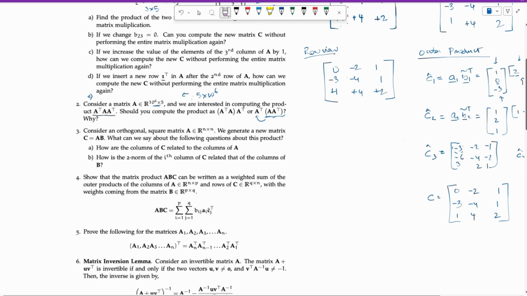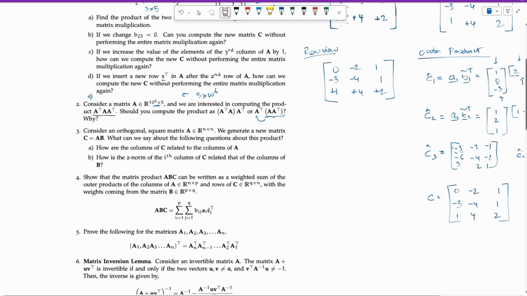Can you still multiply the 3 matrices? Yeah. The resulting matrix will be 10 power 6 cross 5. So you can multiply.